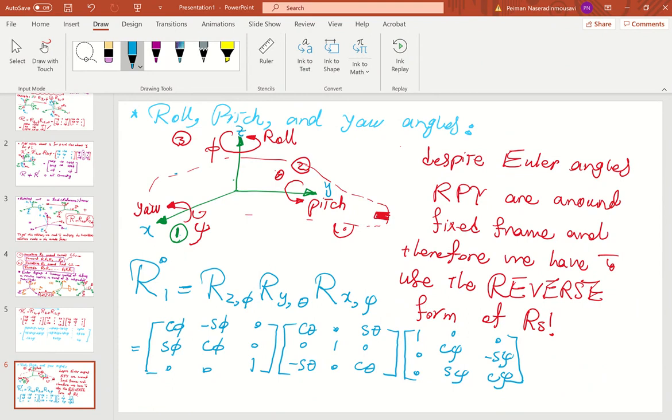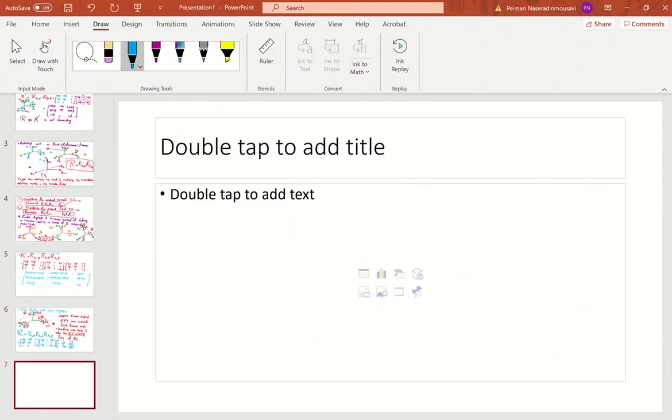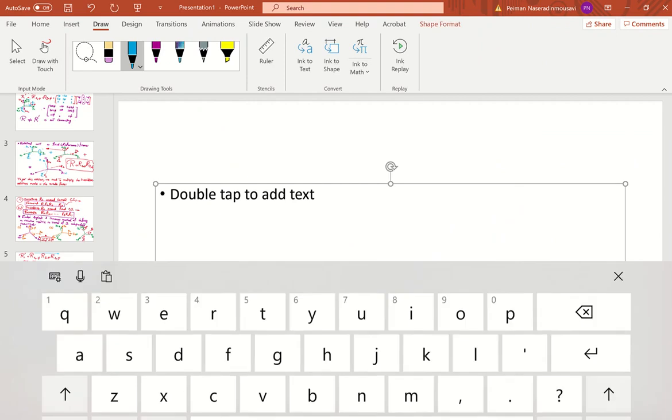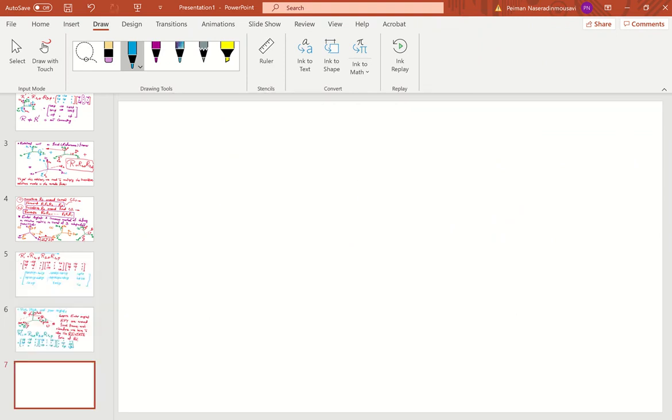So that's it. And the result, I'm ending right now. So the result of that roll, pitch, yaw rotations, because it's with respect to the fixed coordinate system, R1 with respect to 0, is going to be another huge rotation matrix that I have the result.